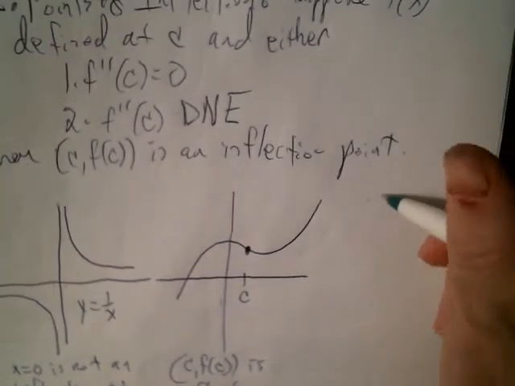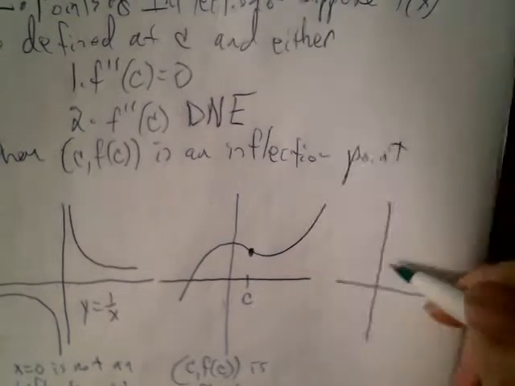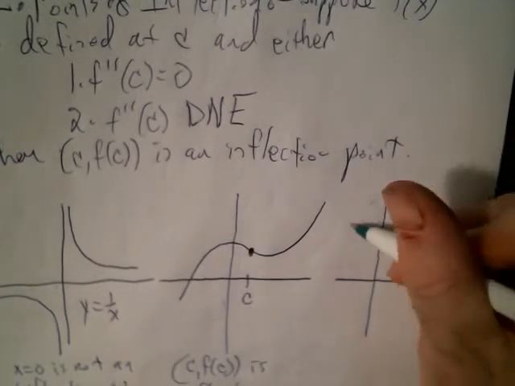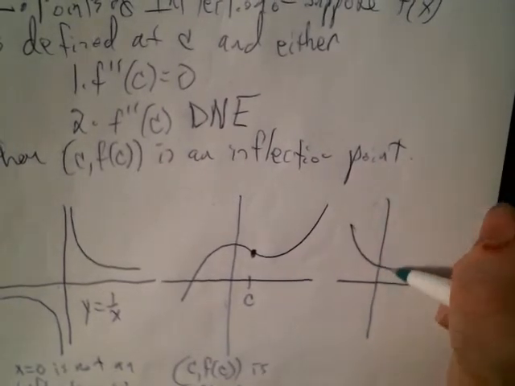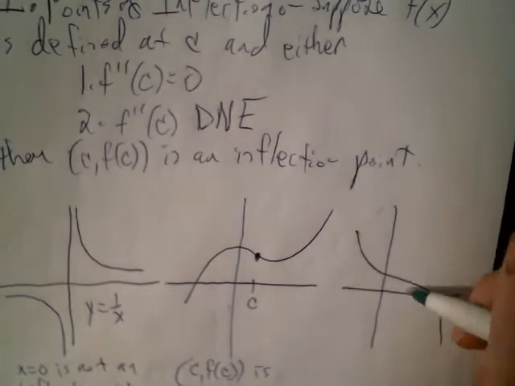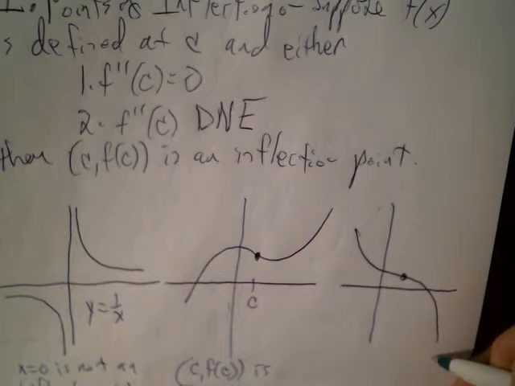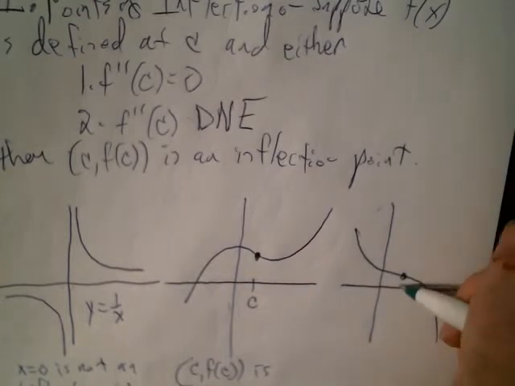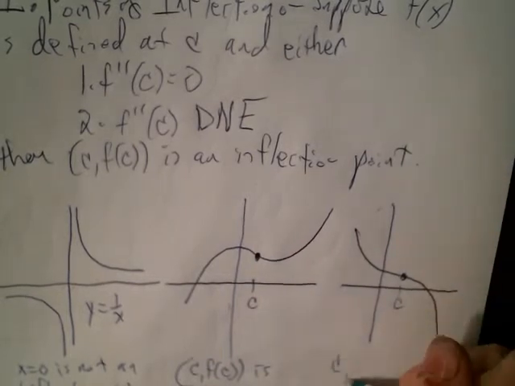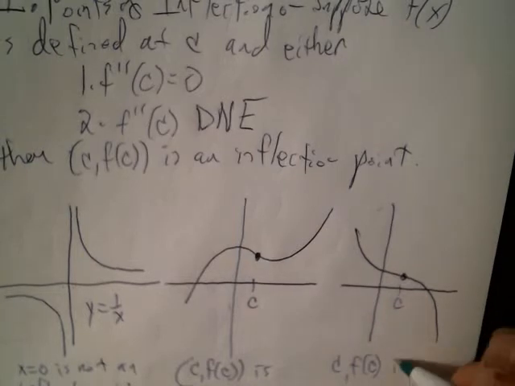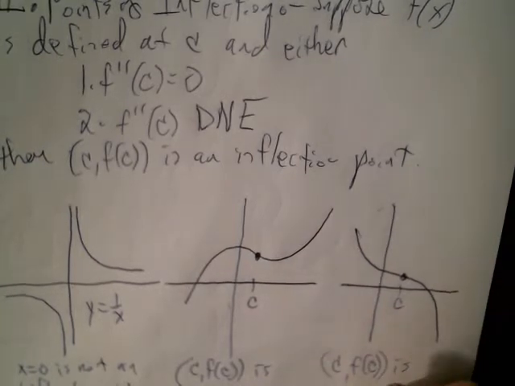In the other direction, maybe we have something like this. There would be an inflection: it's going concave up, and then it starts going concave down. So at this point, f of c is an inflection point.